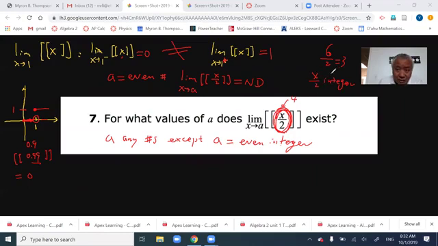So to make x over 2 an integer, a must be even, like 2, 4, 6, 8, divided by 2 still a whole number, or negative numbers. So we find that a can be any real number except an even integer.